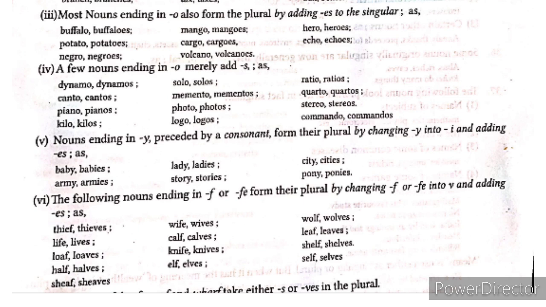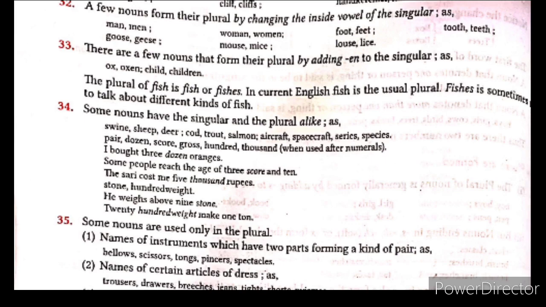We change f or fe into v. For example, if the noun is ending with f, we will change f or fe to v and we will add es to it. For example, thief.